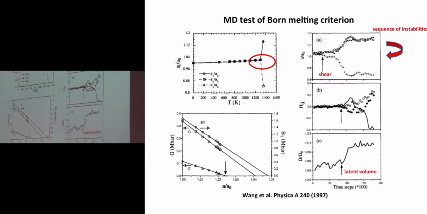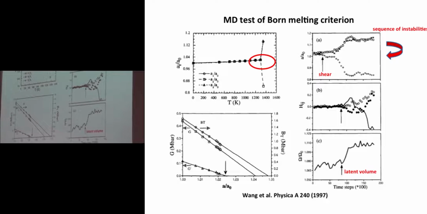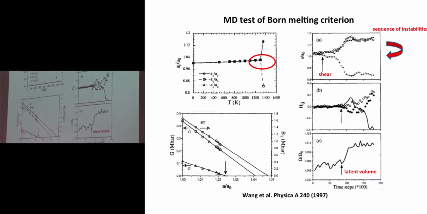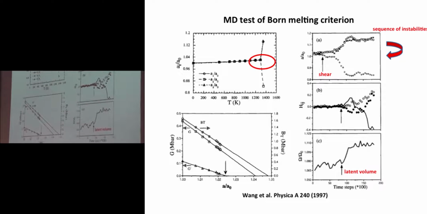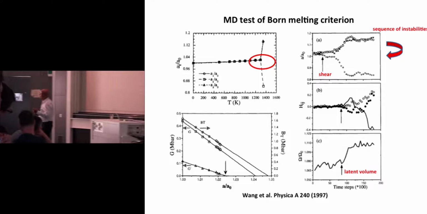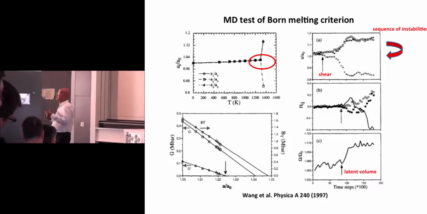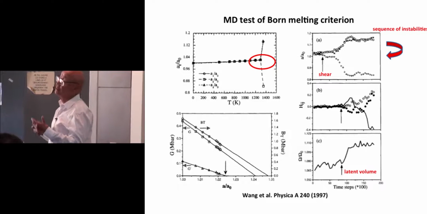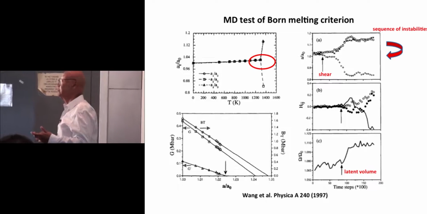So indeed, what you find is that there's not just one instability, but a sequence of instabilities. They're all connected. One triggers the other. So the thing that you learn, which you couldn't have learned unless you have this kind of data, is that everybody could be right. You could have the shear as the trigger, and then you can have the volume, which is the latent volume everybody expects.